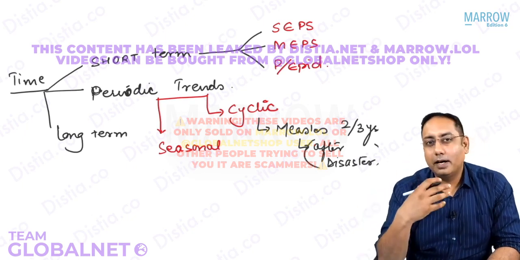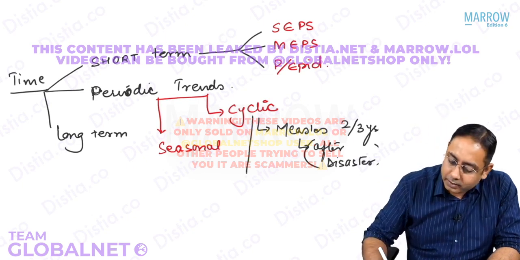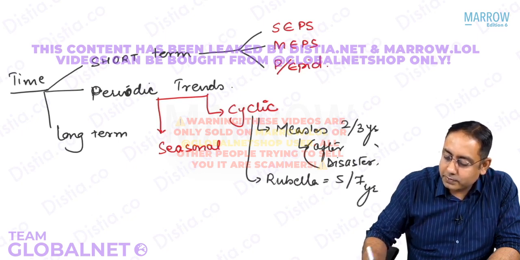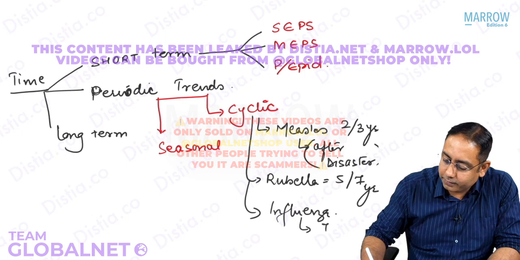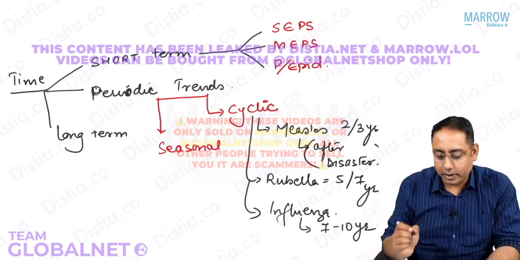But measles outbreaks are known to occur after every 2 to 3 years. Another example of a cyclic trend you can remember is rubella, which has a 5 to 7 year cycle. Another example is influenza, which I think we all know has a 7 to 10 year cyclic trend. It comes back again after 7 to 10 years.